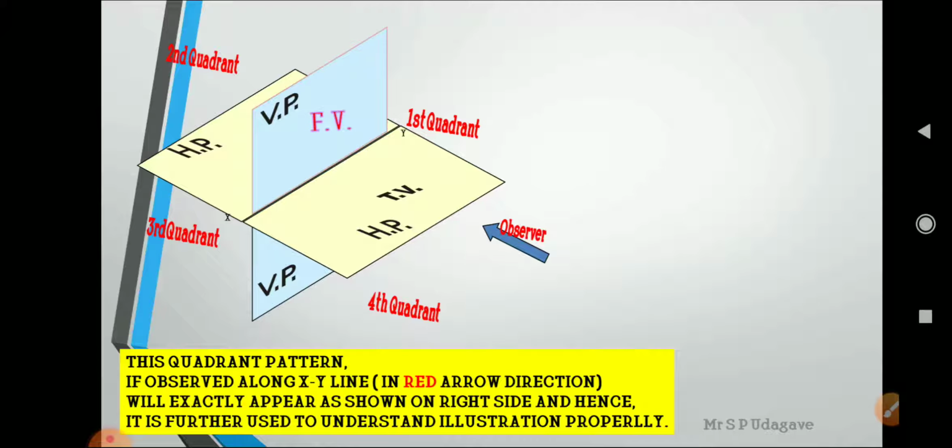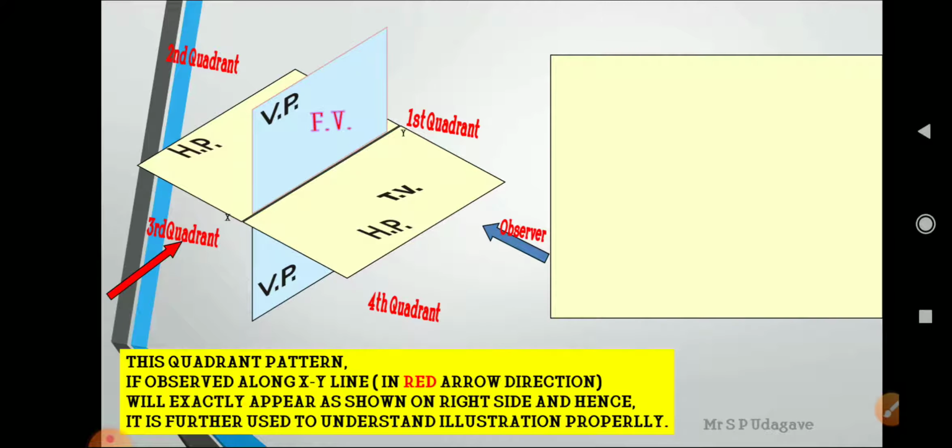As a note, if observed along the XY line, the red arrow in the third quadrant will exactly appear on the right side, which is useful for understanding the illustration related with the third quadrant. So with the 2D view we can see the first, second, third and fourth quadrants.